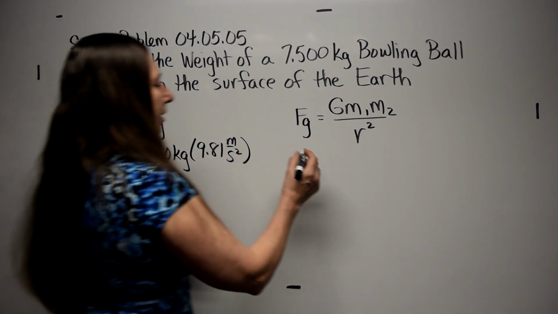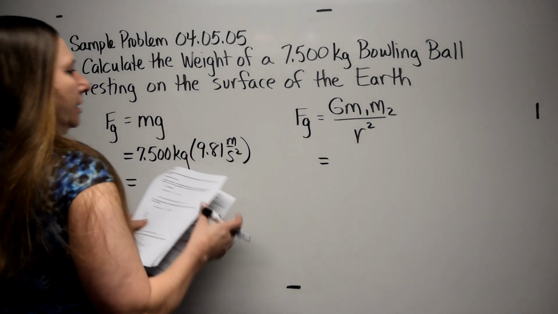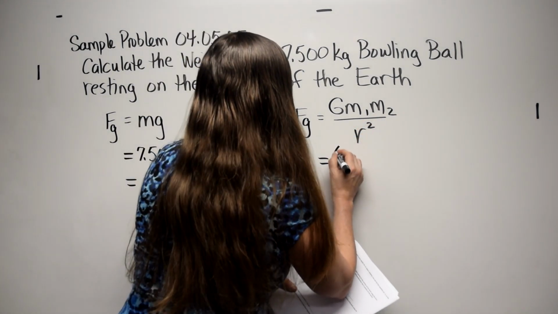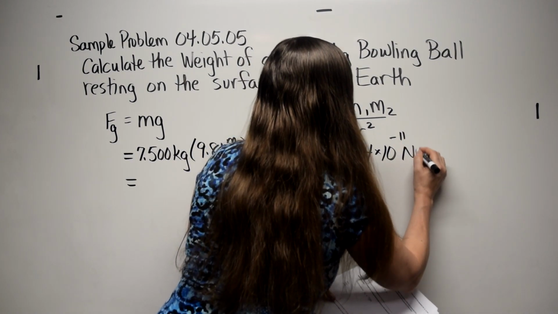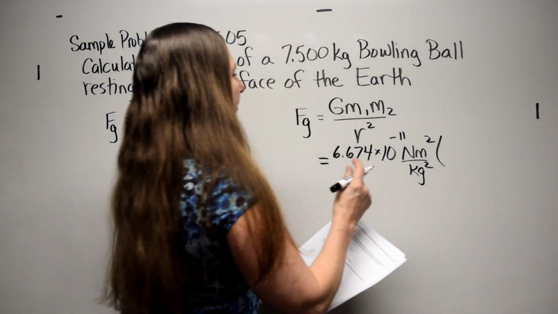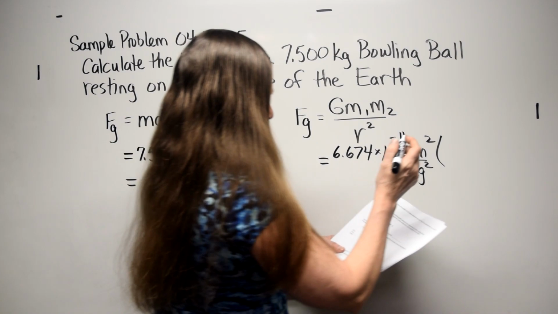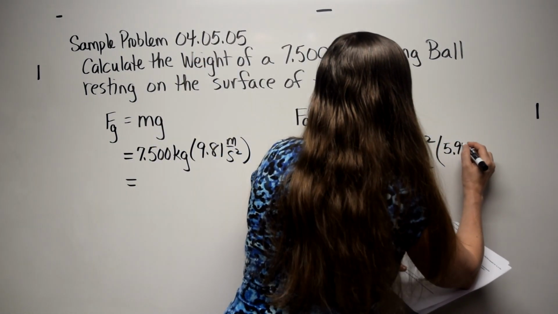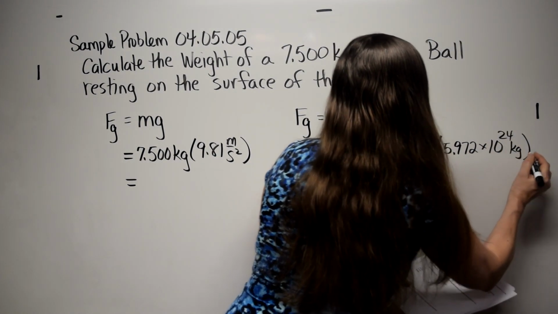Here we've got big G, again to 4 significant figures, 6.674 times 10 to the negative 11 newton meters squared per kilogram squared. We've got the mass of the Earth, 5.972 times 10 to the 24th kilograms.